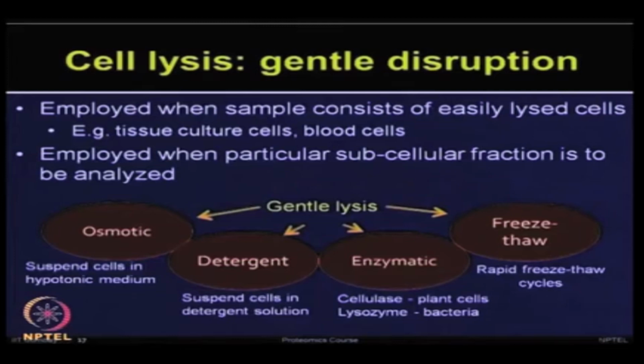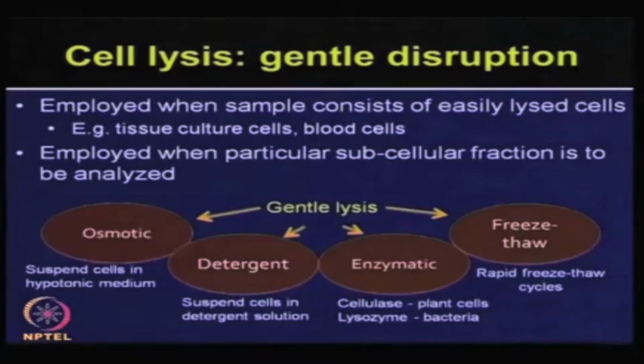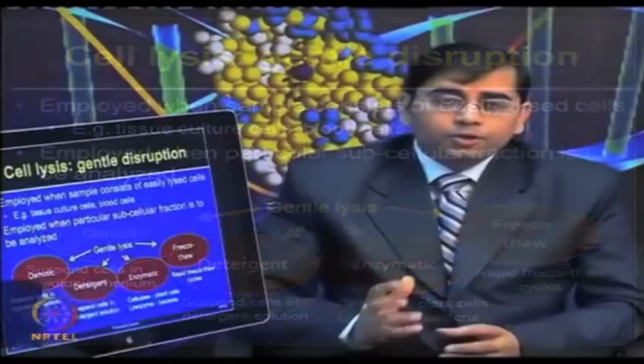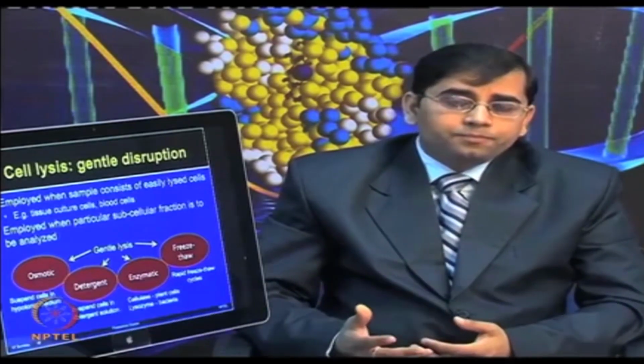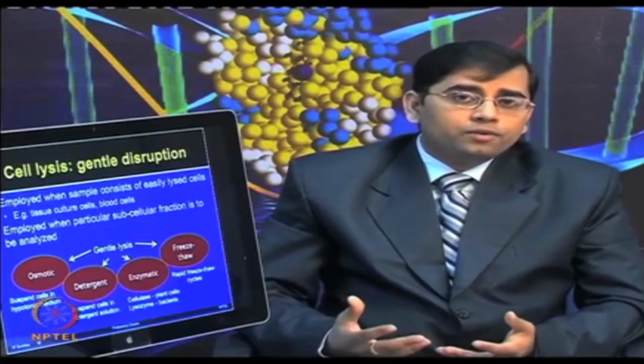When you are employing a gentle disruption method, you need to break open all the cellular components, so your gentle disruption should be efficient enough to disrupt the cell. If you are looking at cell types which can be easily lysed, such as blood cells or culture cells, then you can use gentle disruption methods.